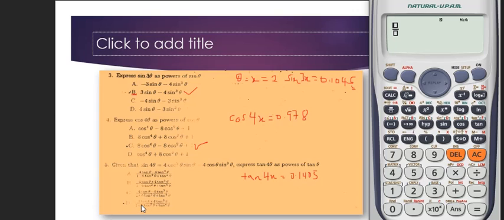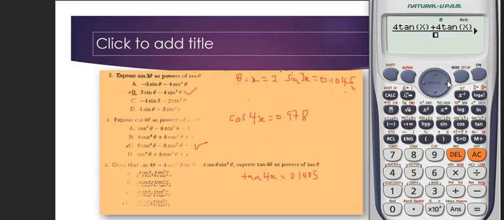Okay, so let's try using D. So we have 4 tan x plus 4 tan x exponent, is it 3?